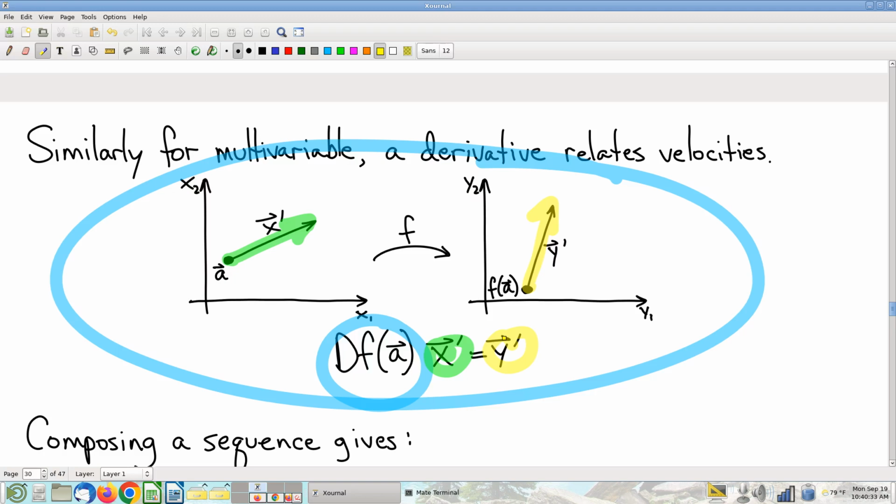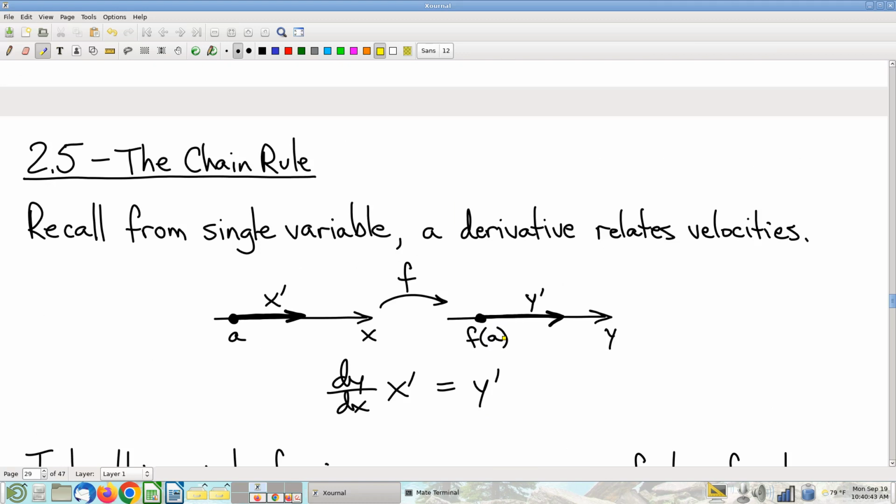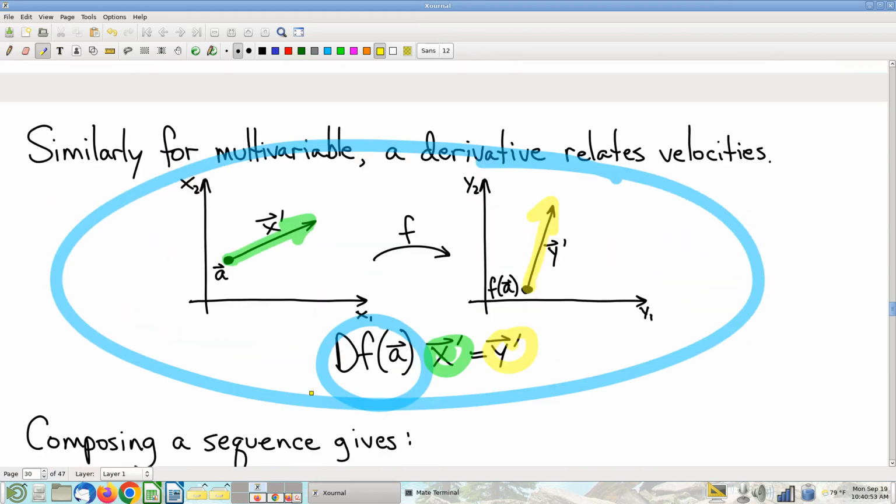You multiply by the derivative matrix. Derivative matrices turn input velocities into output velocities. And note the strong analogy. Back here, a derivative was what you multiply by input velocity to get output velocity. Here it was a scalar. Here it's a matrix. But in some sense, the same kind of thing is happening. Everybody see the analogy there? Okay.